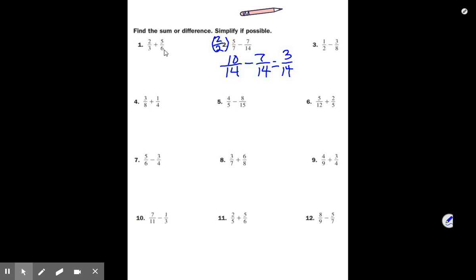Whereas if you did the easiest common denominator method that we talked about in our notes yesterday, you would get a much bigger answer because you'd be multiplying 5/7 times 14/14, and then you'd be multiplying 7/14 by 7/7.